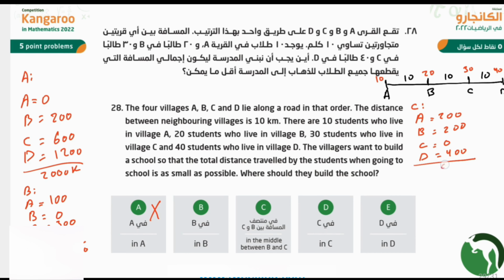So in total here we have 800. Until now, this is the smallest number.